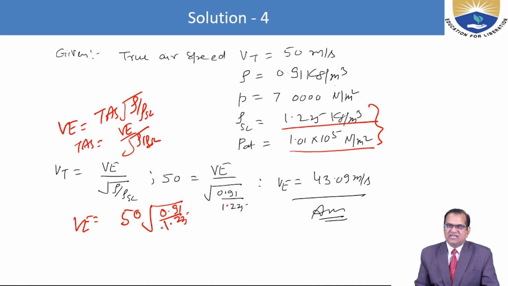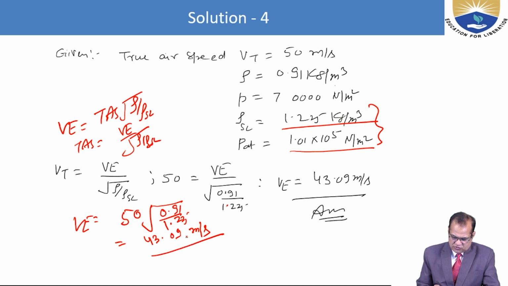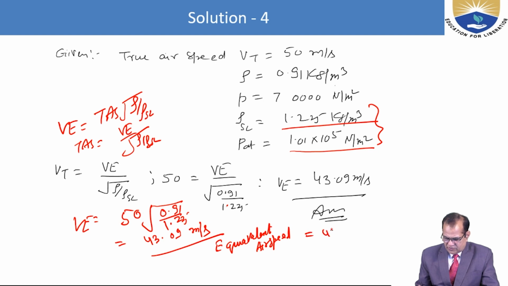If you calculate this, we will get 43.09 meter per second. So the equivalent airspeed is 43.09 meter per second. This is the answer.